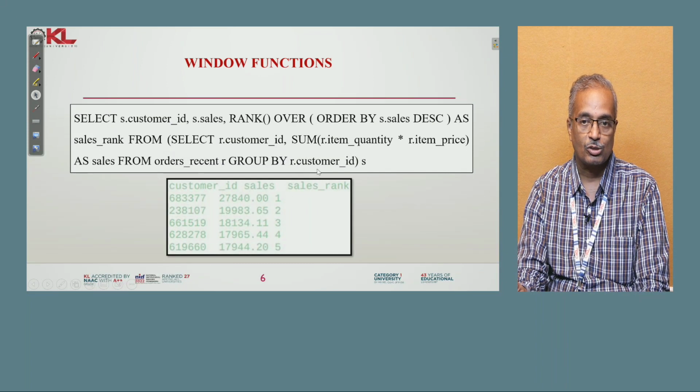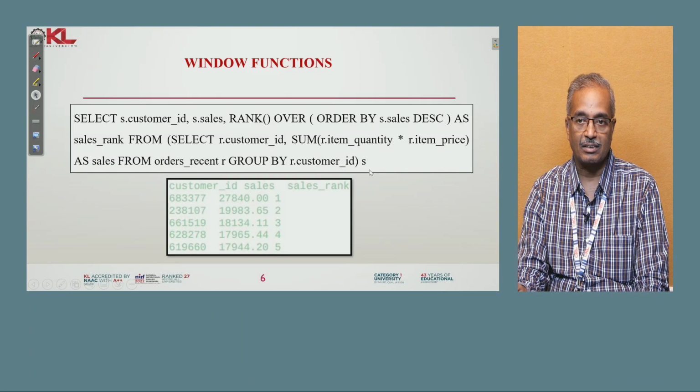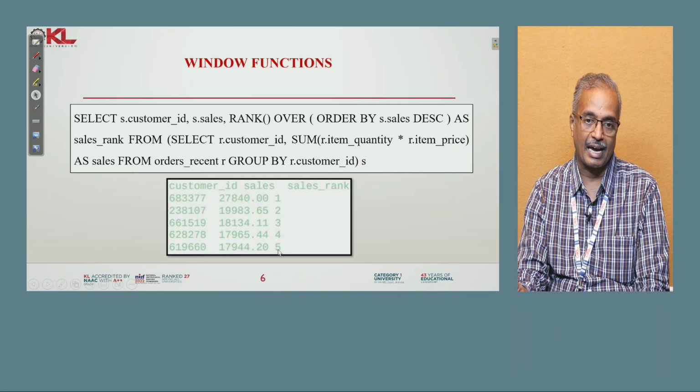Group by, how is it grouped? By customer ID. By using this, we can get the output like this: customer ID is the first column, second is sales, and the third is rank.